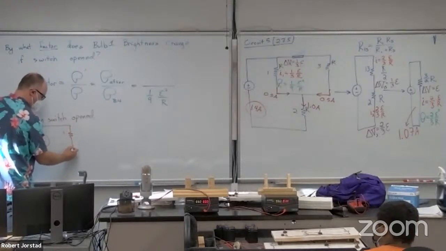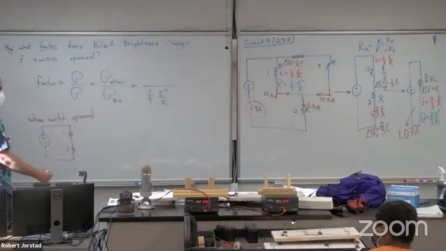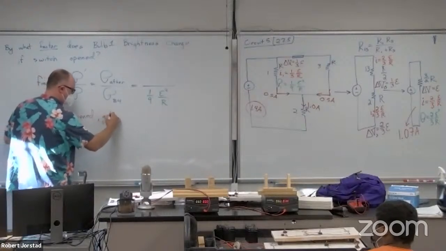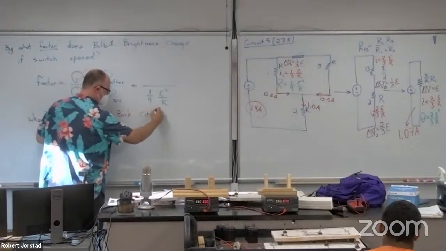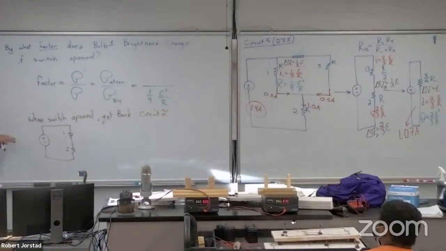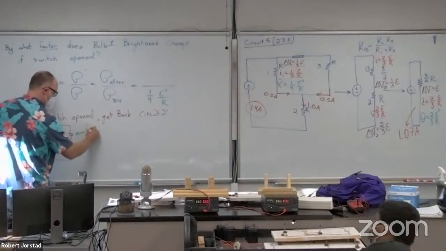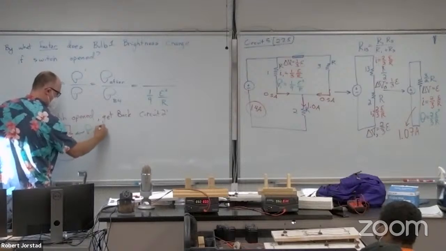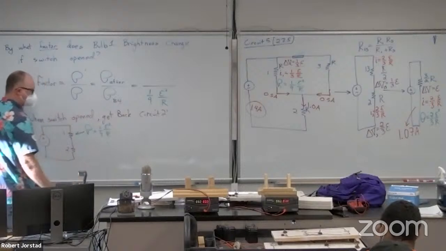And now you know why I numbered them this way. Circuit 2, I believe, is the circuit. You agree? What was the power in circuit 2 of each bulb? Wasn't it 1/4? We figured this out already. The power was equal to 1/4 E squared over R.